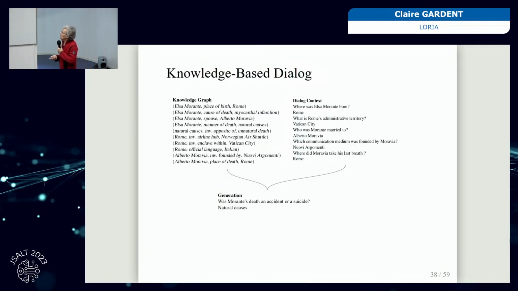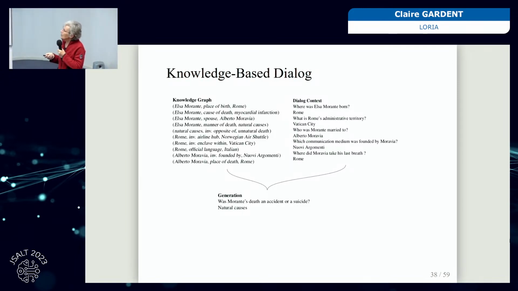The idea of the task is to generate, given a dialogue context, which is a sequence of question-answer pairs, and each question-answer pair is grounded in a knowledge-base triple, in a fact. So you can think of it as a tutoring dialogue: a sequence of question-answer pairs about entities that are related within a knowledge graph.